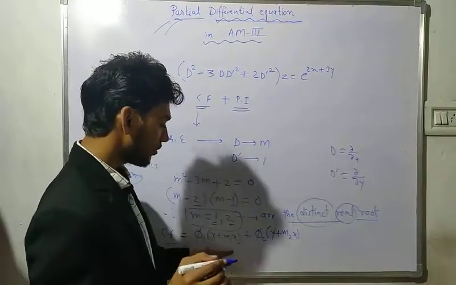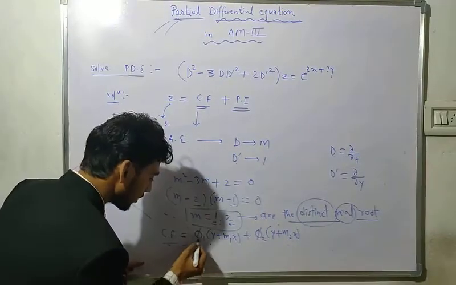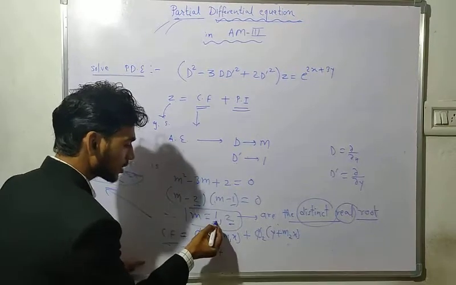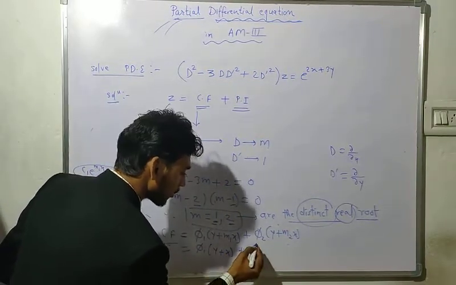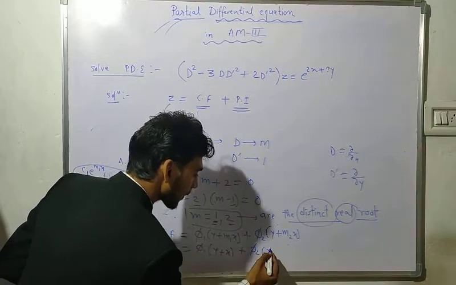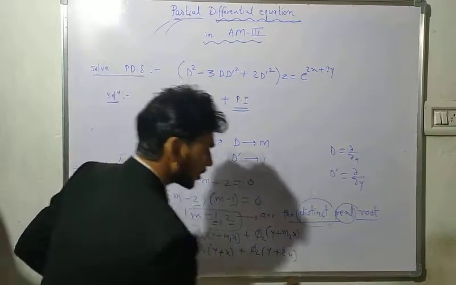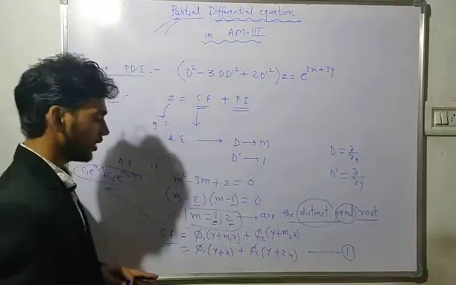The first function is phi 1 of (y plus m1 x), where the first real root is 1, so y plus x, plus phi 2 of (y plus 2x). That is our equation number 1, the complementary part.